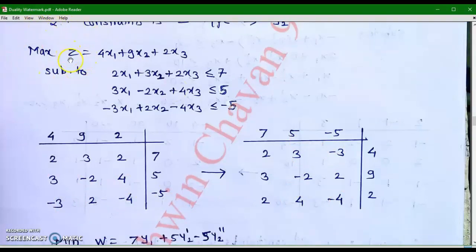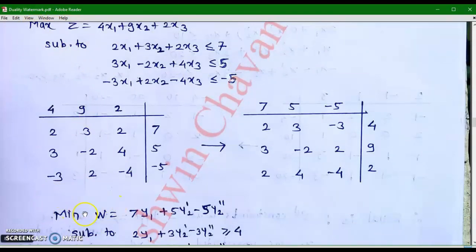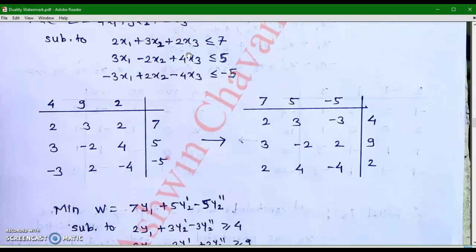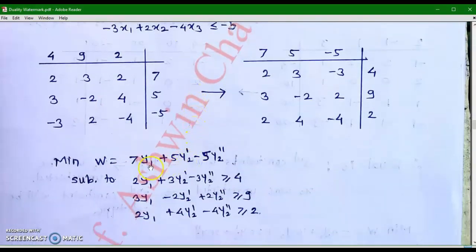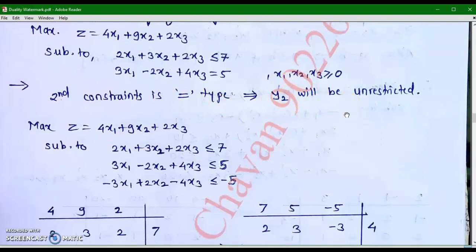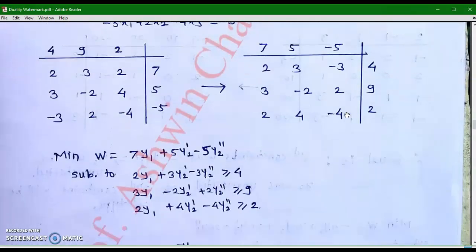Given LPP of maximization, the resultant dual is of minimization. The given LPP contains x1, x2, x3 as variables, but here we'll have y1 and y2 because as per discussion, the second constraint was of equality type. That's why the second variable will be of unrestricted type. That's why there is no y3.